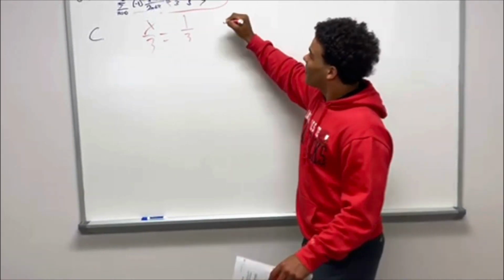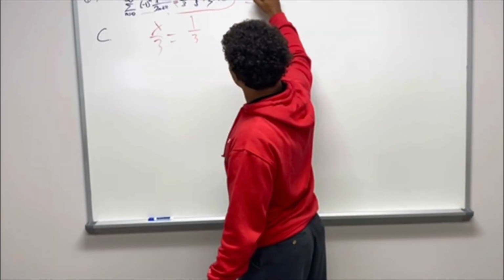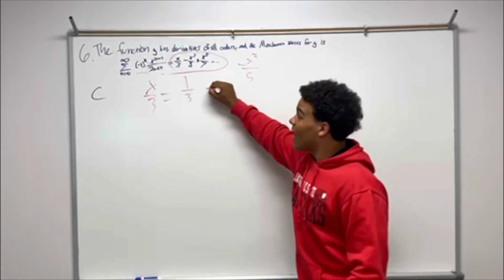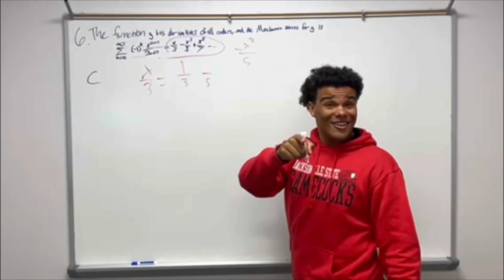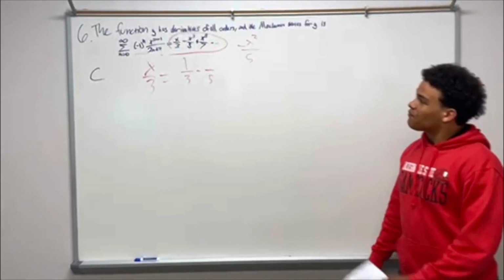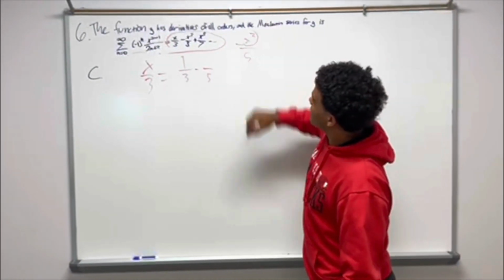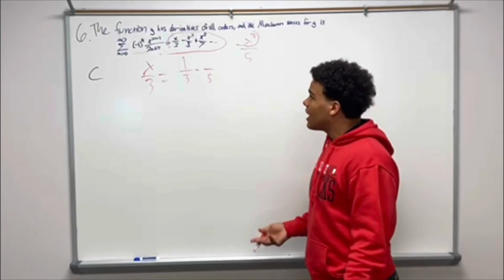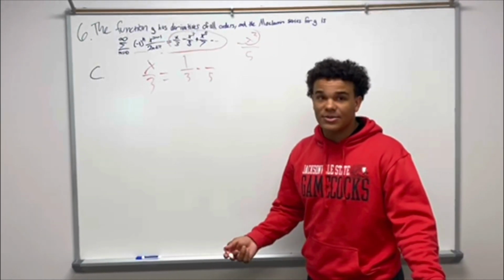Then we got negative x cubed over 5. 5 is constant, right? Keep the negative there too, right? So then we got a derivative of this. So x cubed, 3x squared.